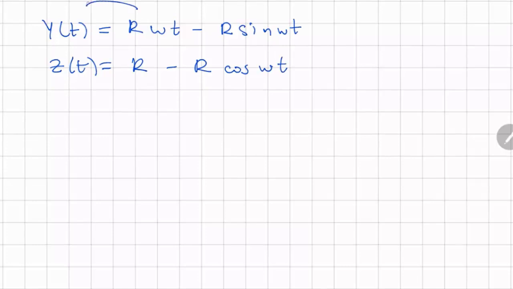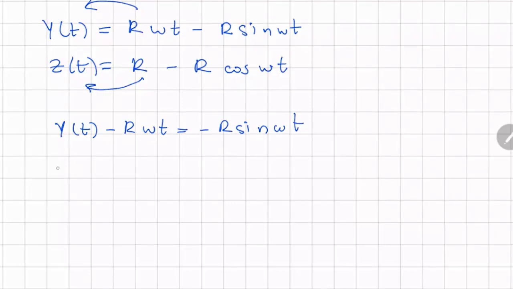I'm going to take these terms to the other side of the equations. So when I do this, we get y of t minus rwt is equal to minus r sine of wt. Okay, z of t minus r is equal to minus r cosine of wt.